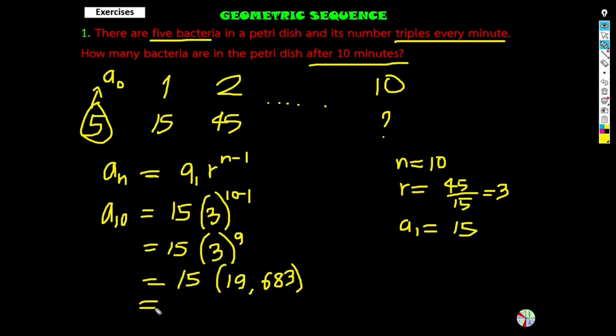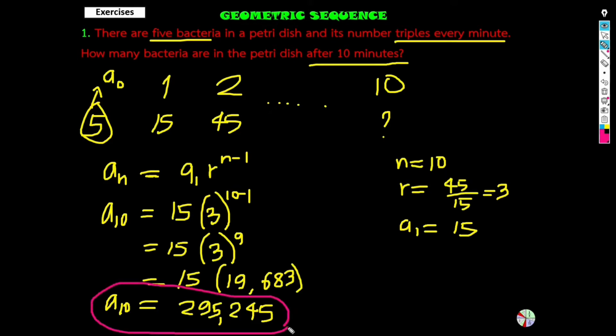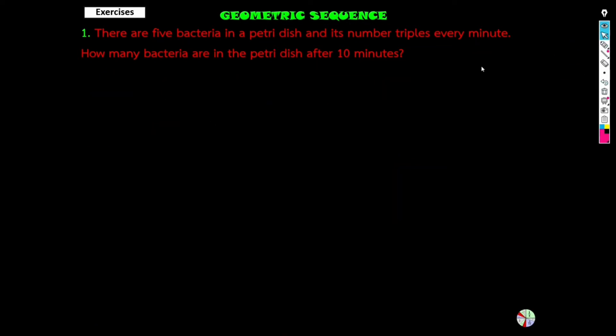So we multiply that with 15. This will give us an answer of 295,245 bacteria in the petri dish after 10 minutes. Oh, so many bacteria. Okay, now let's go to the next number.